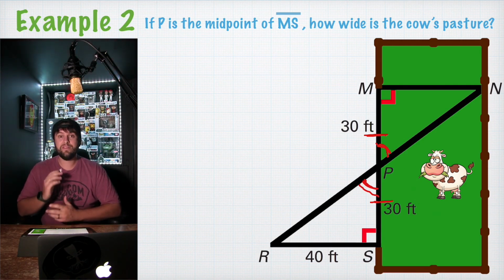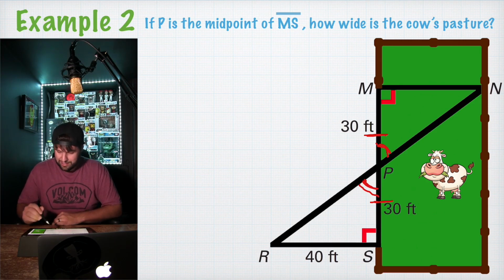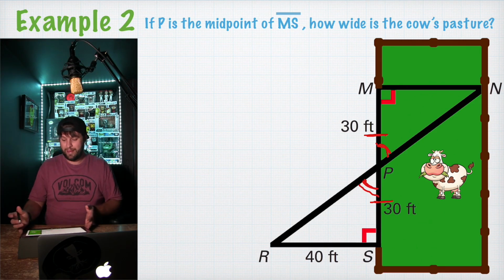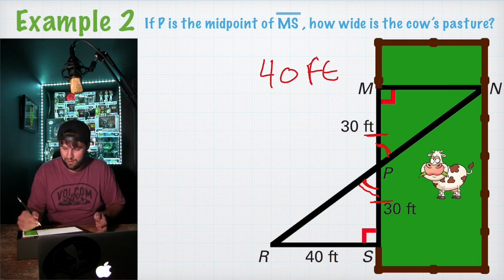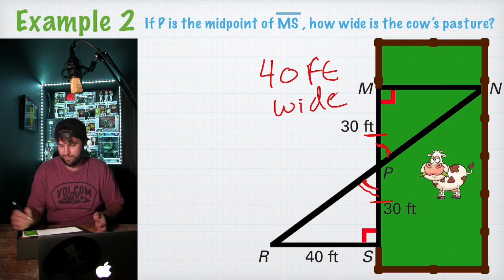So by CPCTC, we can say that RS is congruent to MN, making the pasture 40 feet wide. Okay?